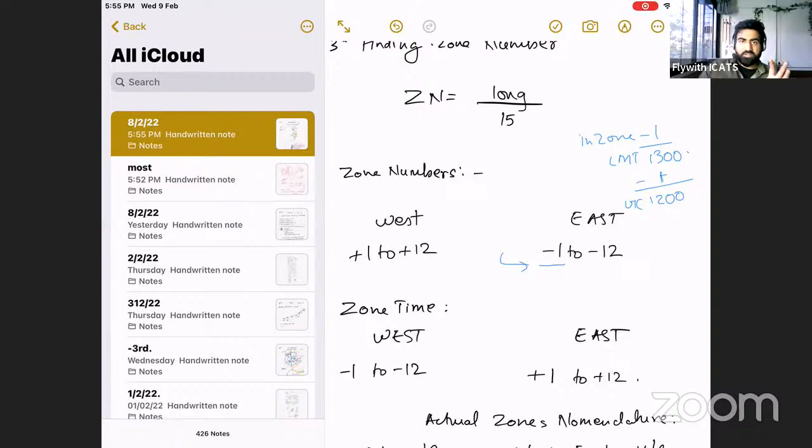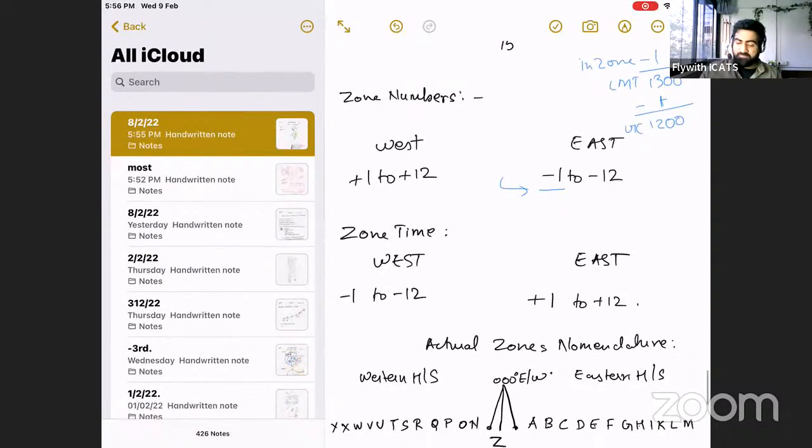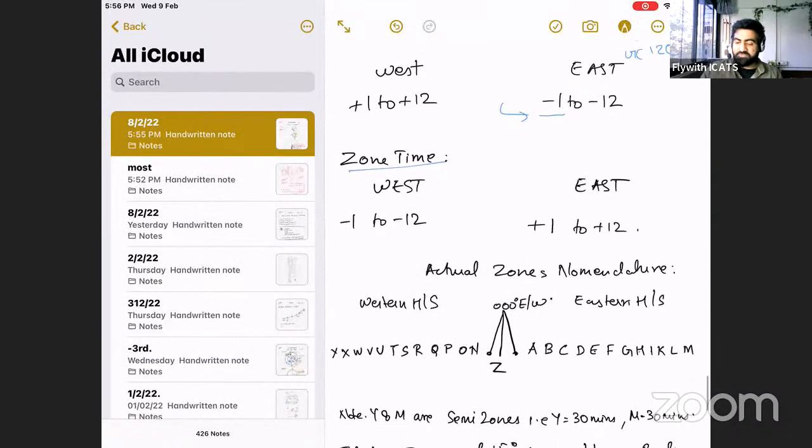Remember this point. Looking at the zone number, you just deduct that number from your local time and you get UTC. Simple as that. What about zone time? Zone time actually tells you your time with respect to UTC.